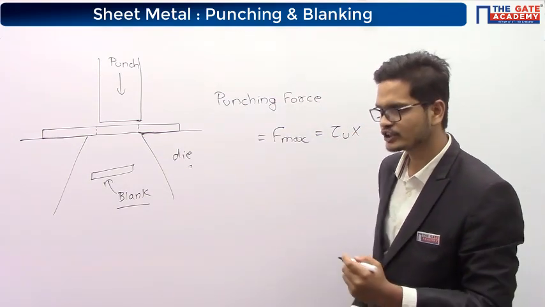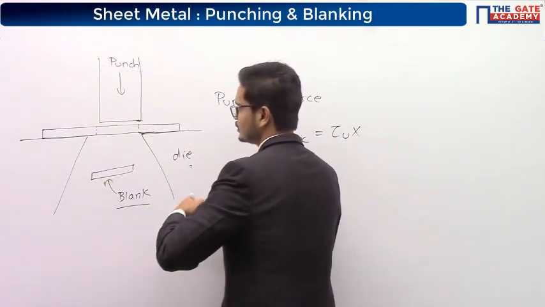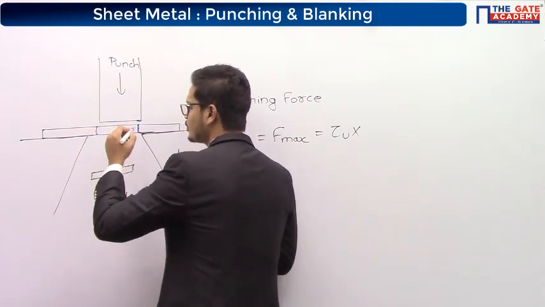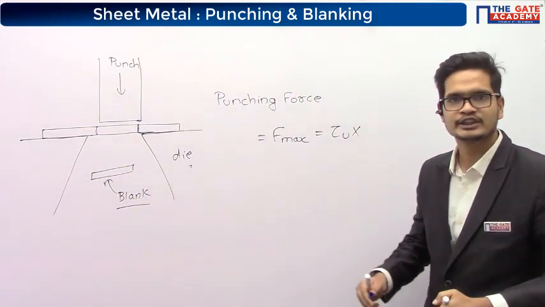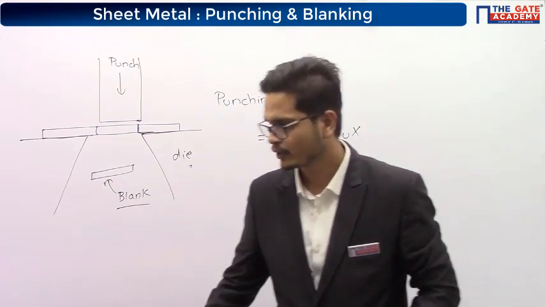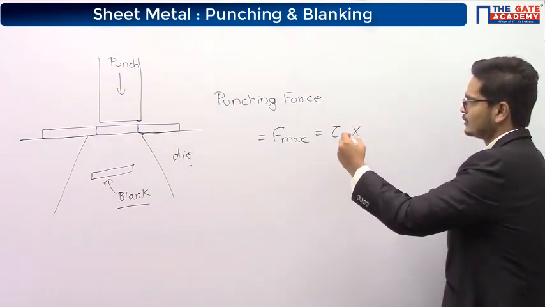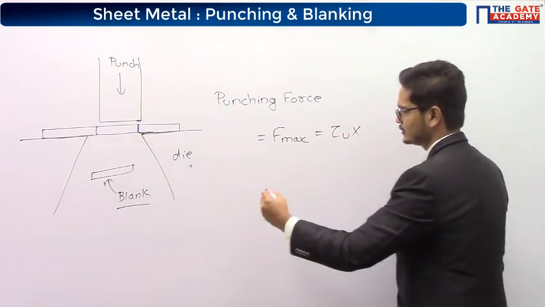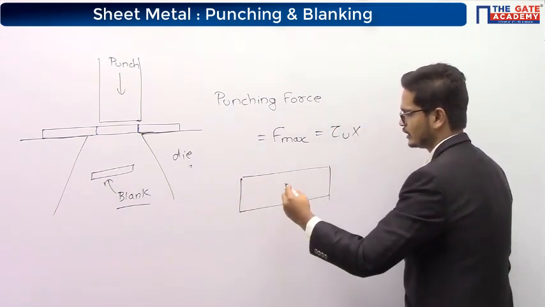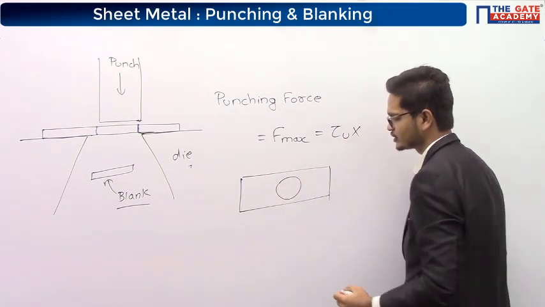On which area is the shear occurring? The shear is occurring on the walls of the material that has been cut. Let's suppose this is the top view, and we are making a circle here.